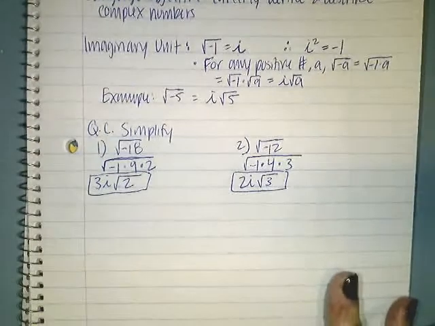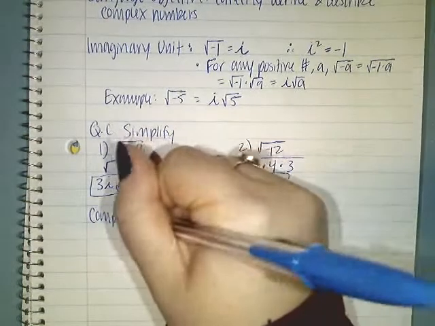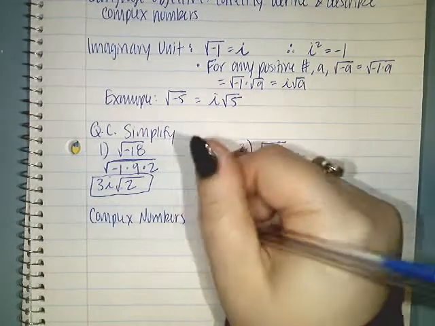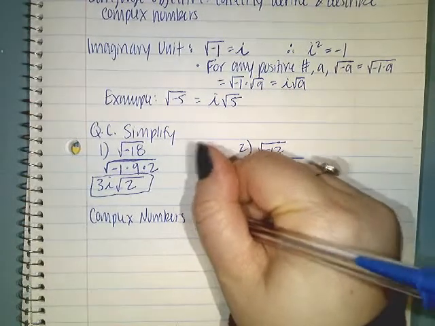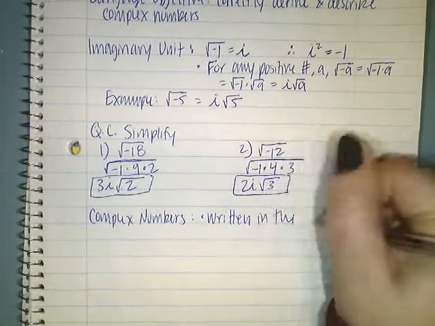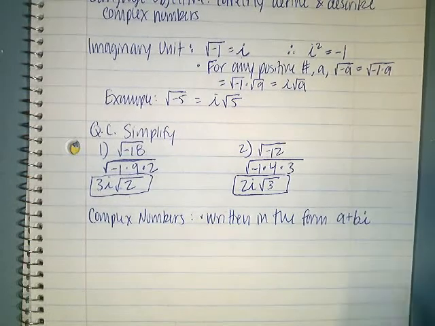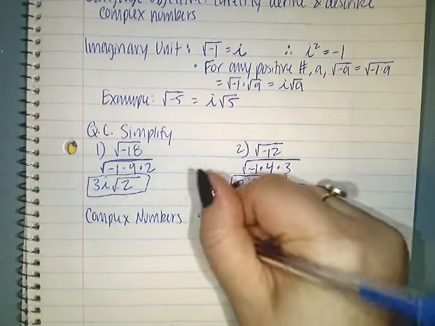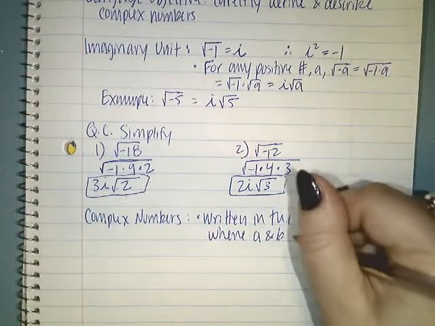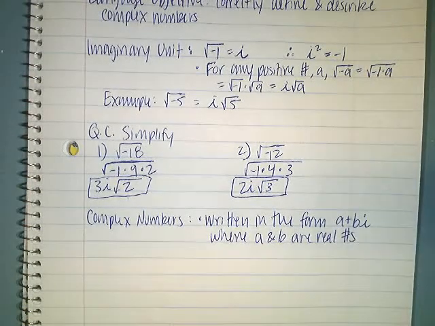So now let's talk some more about complex numbers. We learned about the imaginary unit. Now let's talk about complex numbers. Complex numbers are written in the form a plus bi, where a and b are real numbers.